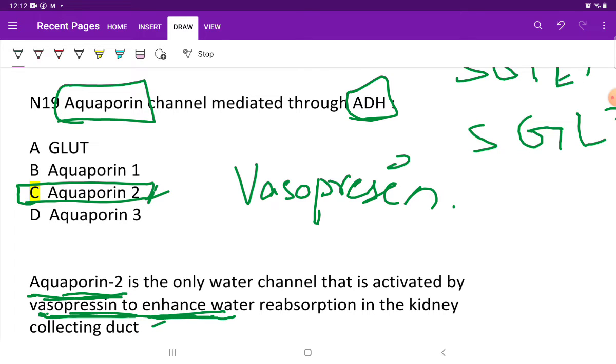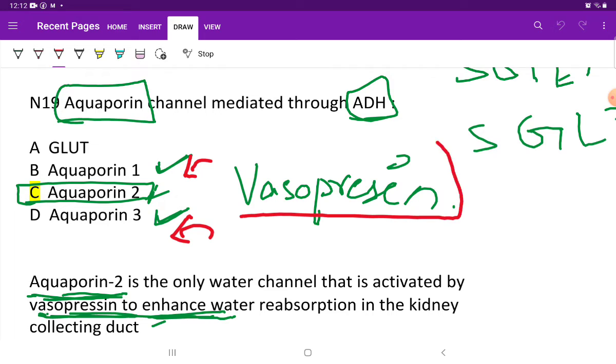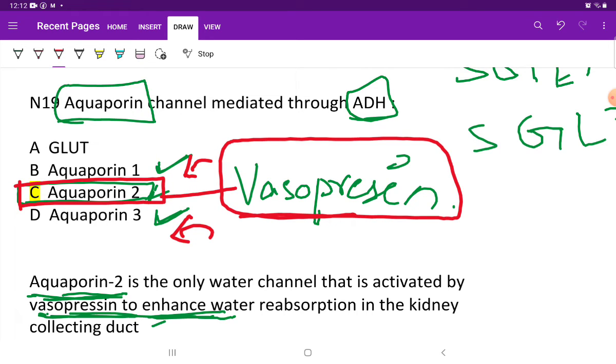Okay, in case of aquaporin 1 and aquaporin 3, water reabsorption does take place, but it is not being activated by vasopressin. Aquaporin 2 is only activated by vasopressin.